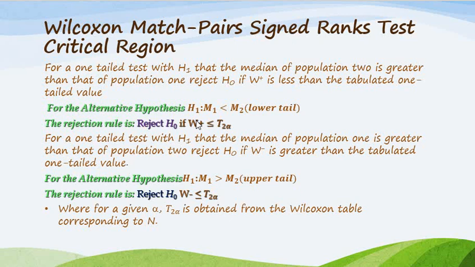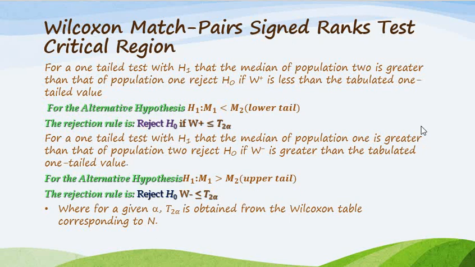For testing the hypothesis, the critical region varies. In the case of the sign test, it is always the same, but here it depends on the alternative hypothesis. If the alternative hypothesis is M1 less than M2, then the test statistic is W plus, and we reject H0 if W plus is less than or equal to T2 alpha.